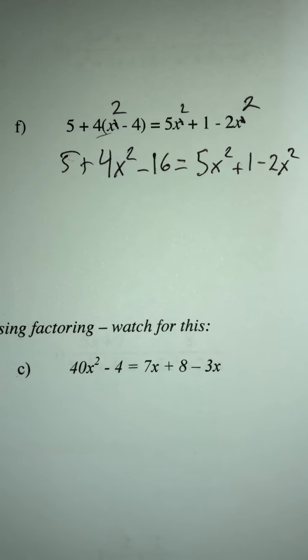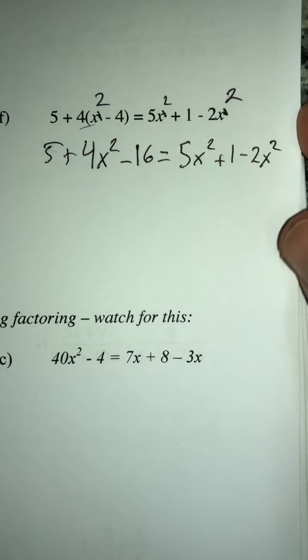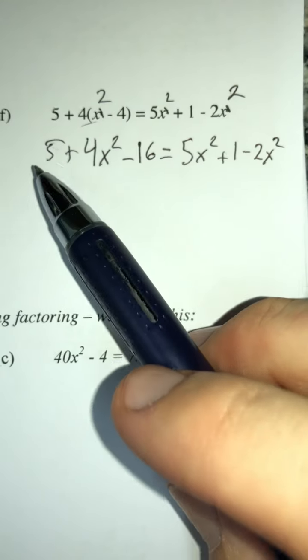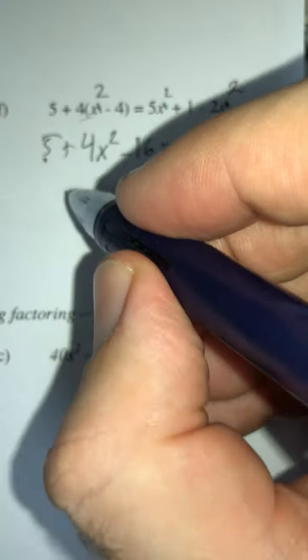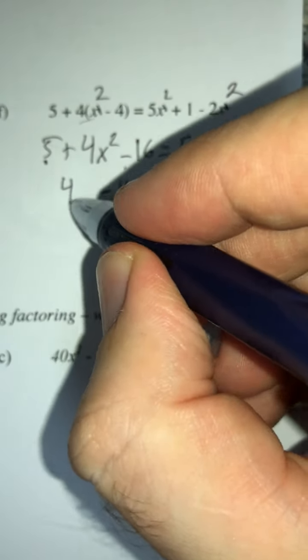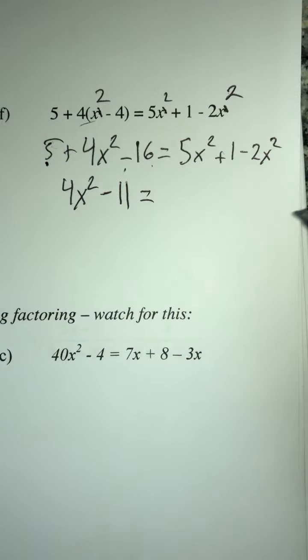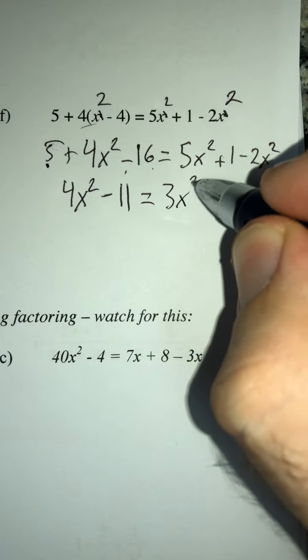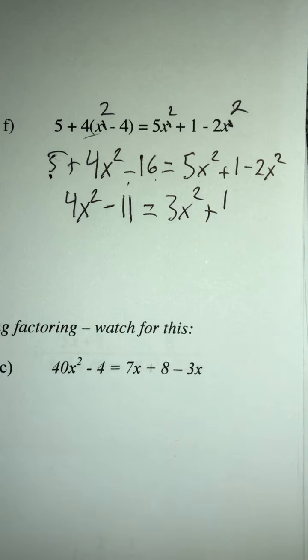Let's combine like terms on each side of the equation. That will make things a little bit easier. So 5 minus 16 gives me minus 11 here, and I've still got 4x squared equals 5x squared minus 2x squared gives you 3x squared plus 1.